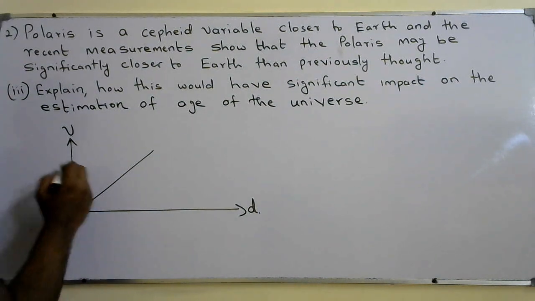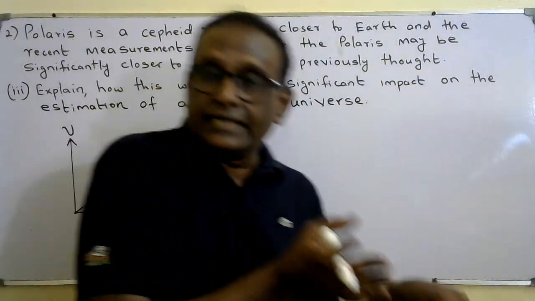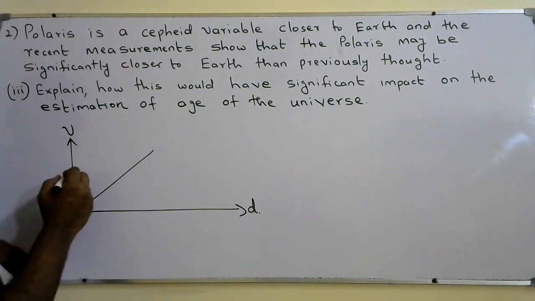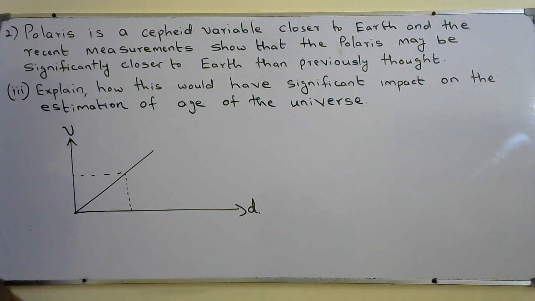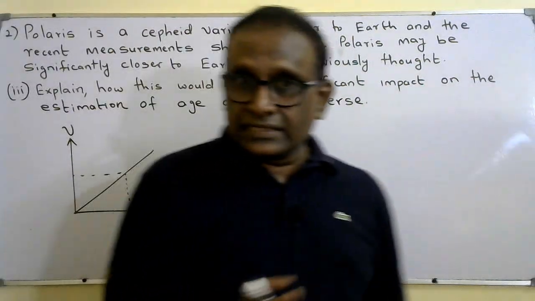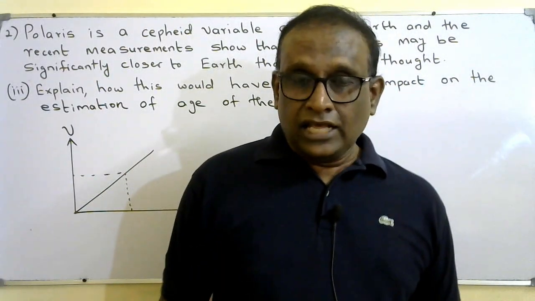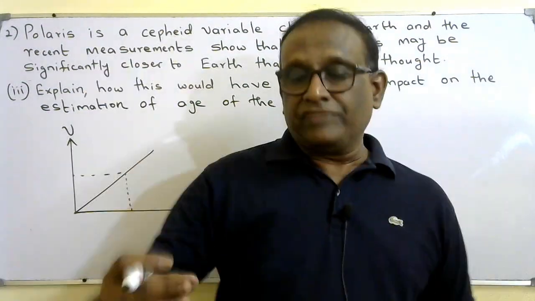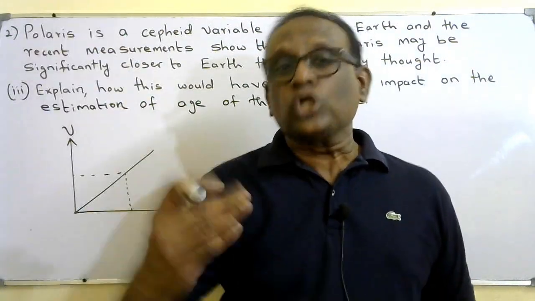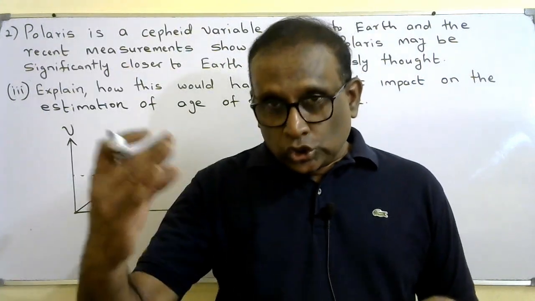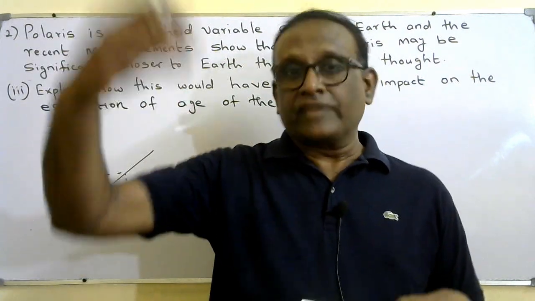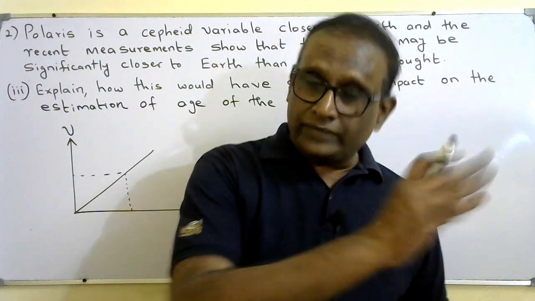For any particular galaxy, its speed of recession may be something like this, so its distance is something like this. Now what is happening? After this correction, we know the distance of any Cepheid variable is closer than what we thought earlier. That means any galaxies are getting closer. The measurement of distance of any galaxy will become smaller than what we thought.